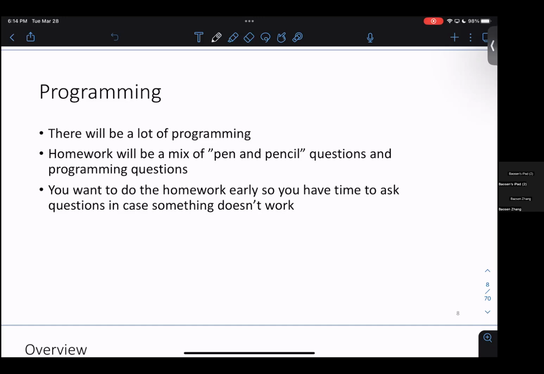Do I expect LaTeX for your homework? I don't expect you to write in LaTeX. If there are pen and paper questions, you can write it on a piece of paper, take a picture. I'm perfectly fine with that. If you want to type LaTeX, you can do LaTeX.